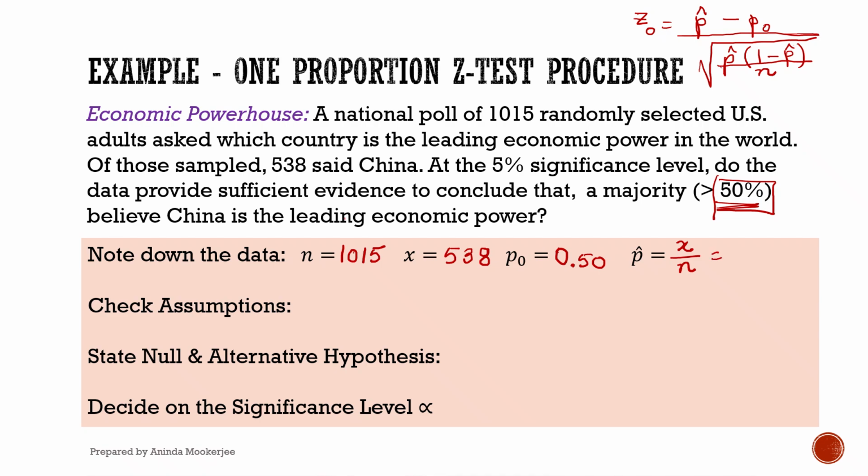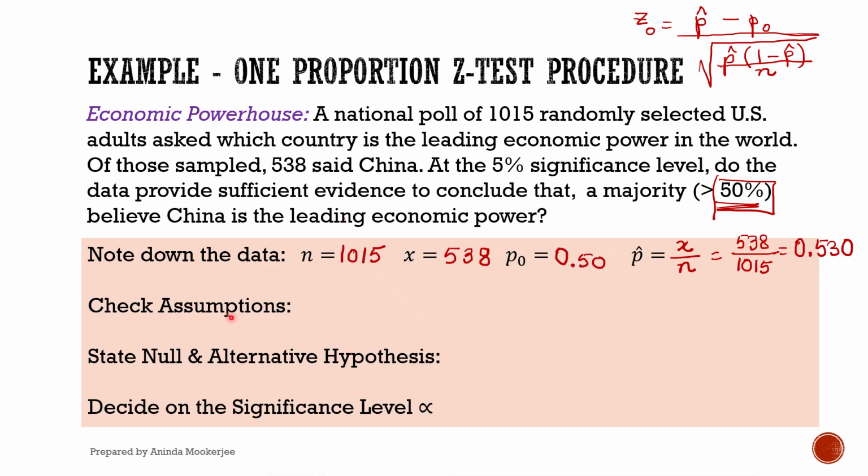So we know x is 538 and n is 1015. And when we perform that division, we will come up with a value of 0.530.